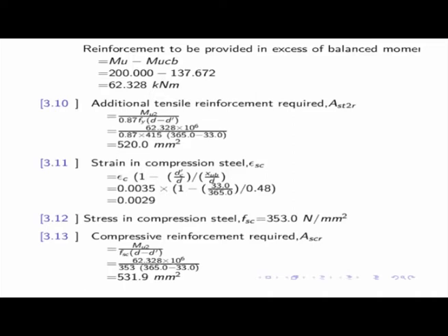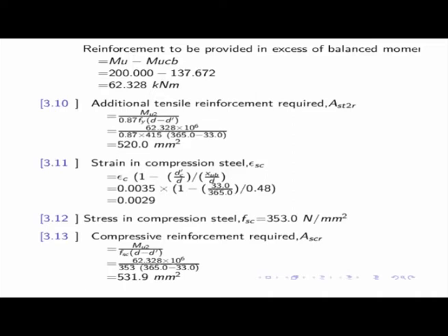So the compressive reinforcement required is Mu2 divided by fsc (d minus d dash), which is 62.328 into 10 to the power 6 divided by that, coming to 531.9 square millimeter. That means this one is 520 square millimeter, and this one I am getting 531 square millimeter. That means this is more than that.